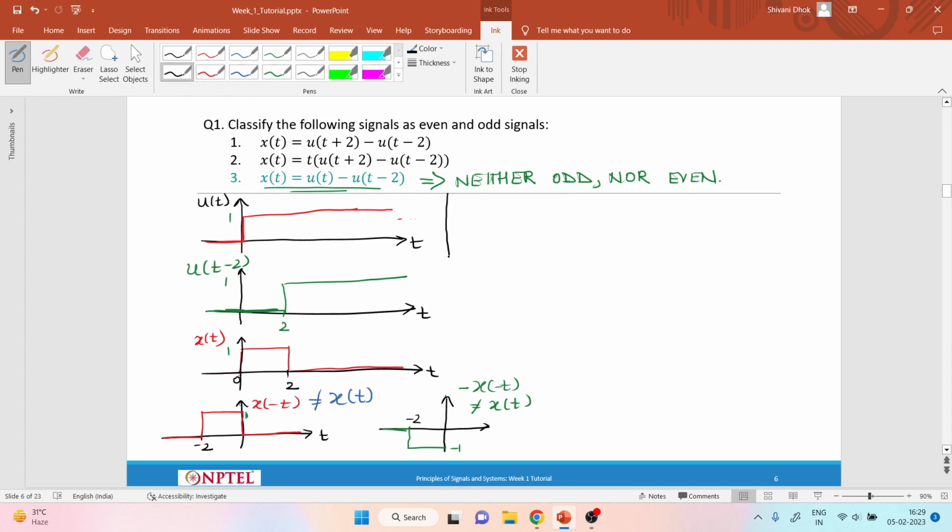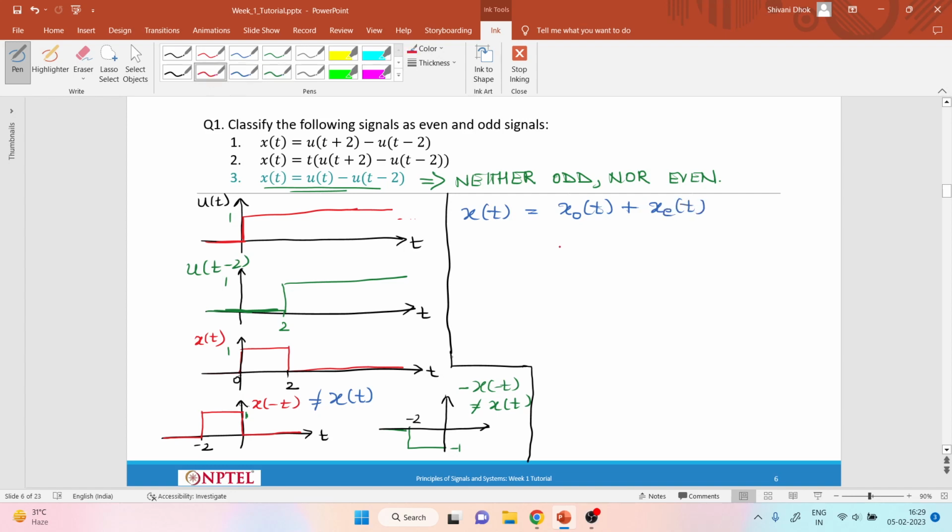But any given signal can be decomposed into odd and even components. So what I am saying is any signal x of t, whether it is odd or whether it is even, can be decomposed into its odd component, that is x odd of t, and even component, that is x even of t.